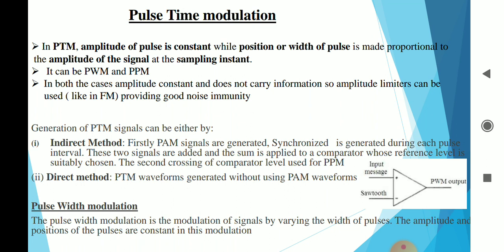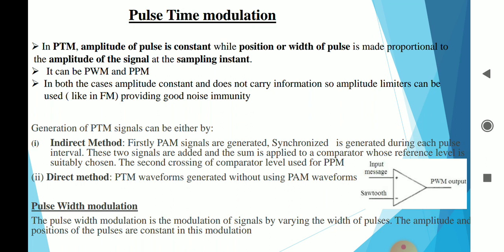How are we going to generate this pulse width modulated signal? There are two methods for generation of a pulse width modulated signal. One is the indirect method, the second one is the direct method. Coming to the pulse width modulation generation technique, it can be simply represented as a comparator which has two inputs.